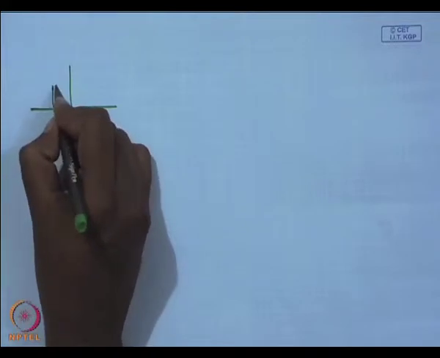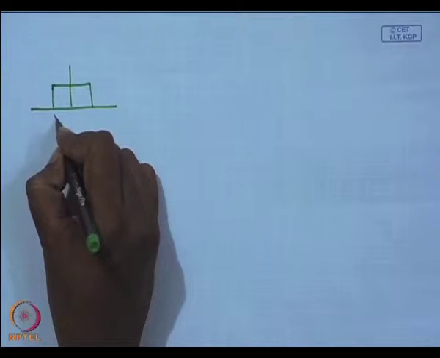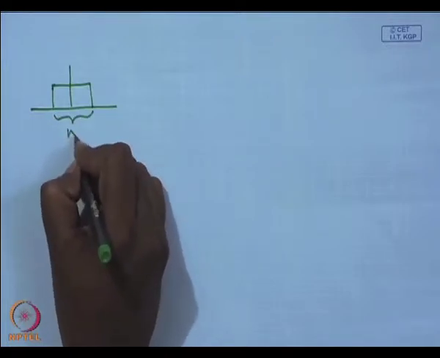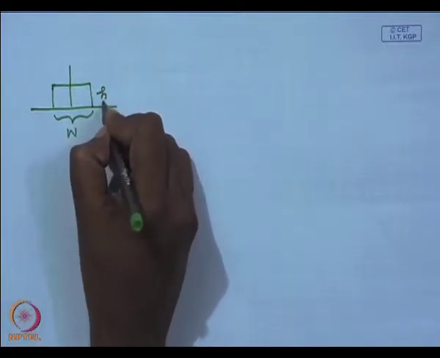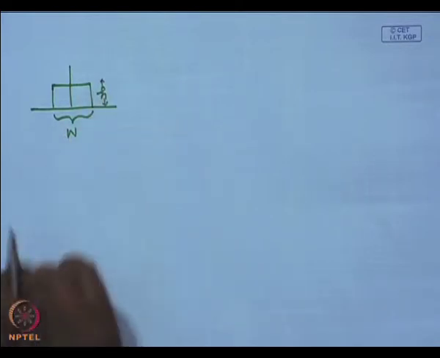So, rectangular window will be something like this. Of course, it will have certain width and certain height. If I fix the width of the window, then the height of the window will be determined by the total number of samples which are available for the probability density estimation.